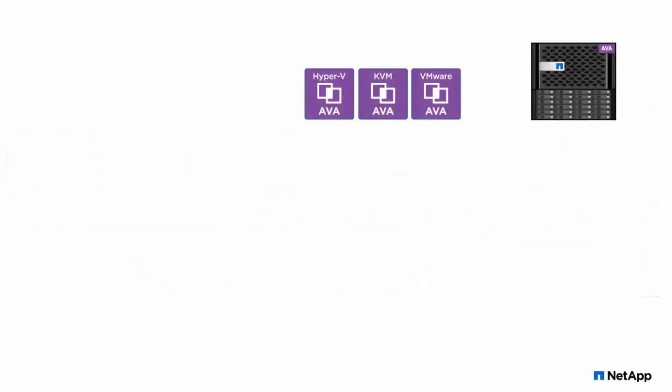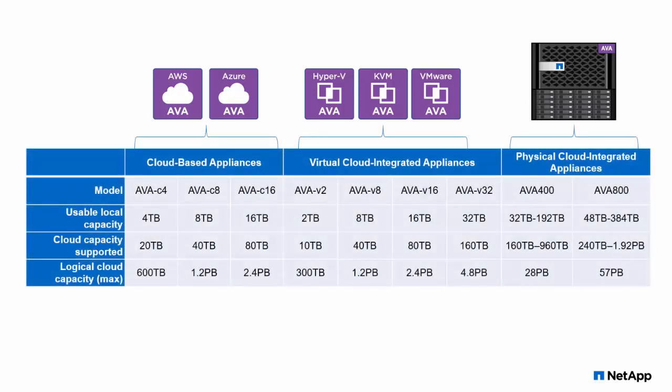AltaVault is available in physical, virtual, and cloud form factors. Physical AltaVault appliances available are the AVA 400 and AVA 800 appliances and have capacity ranges of up to 384 terabytes of on-premise cache.